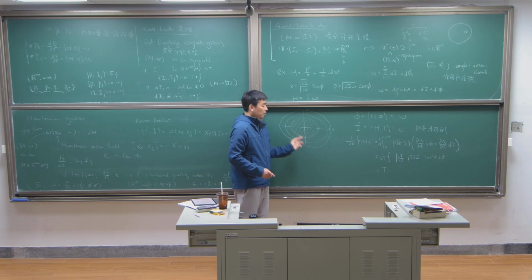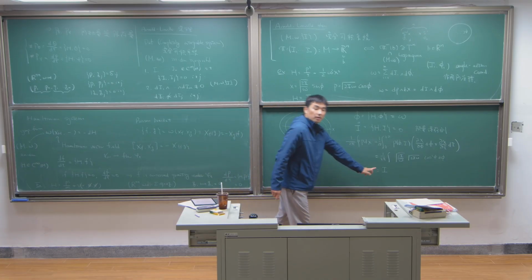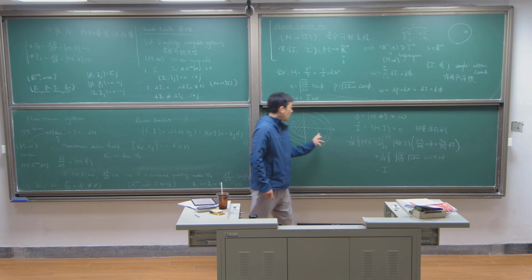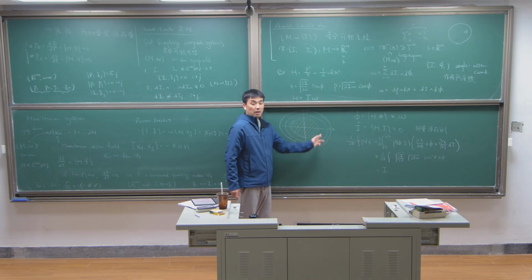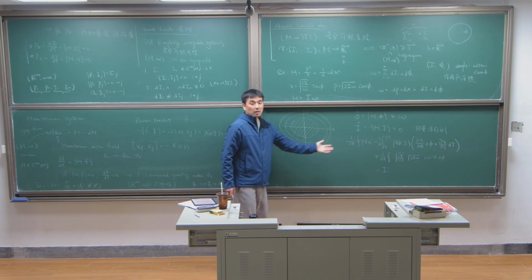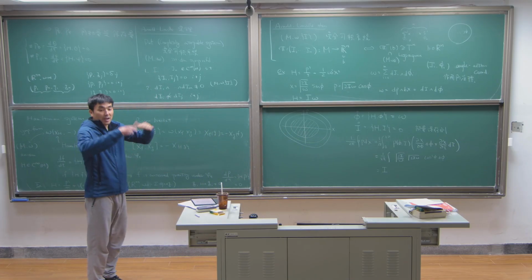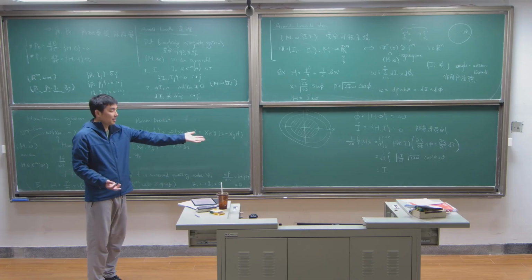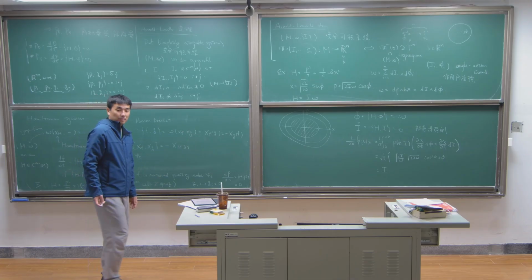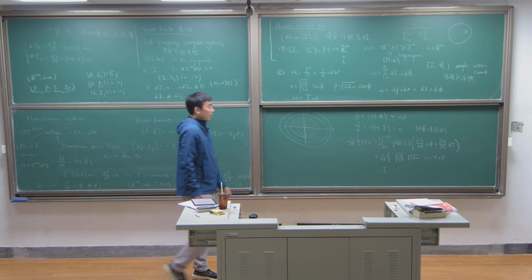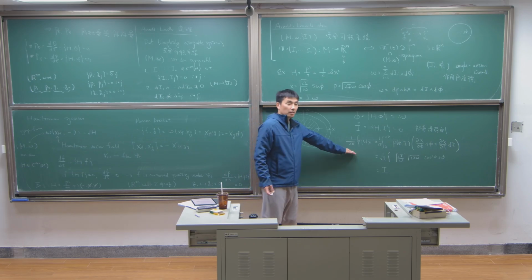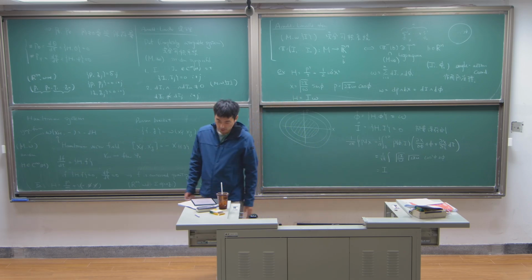If you integrate out, you get I. p dx is exactly you just measure this area, which can be integrated out. That's why it's called a completely integrable system, because you can integrate out to get the area of the phase space.